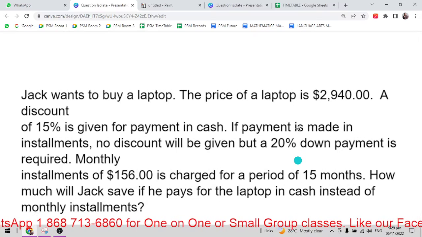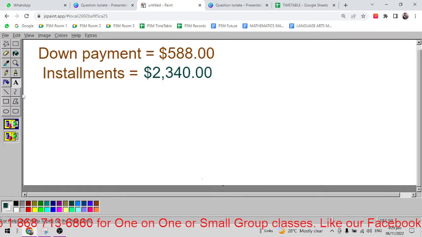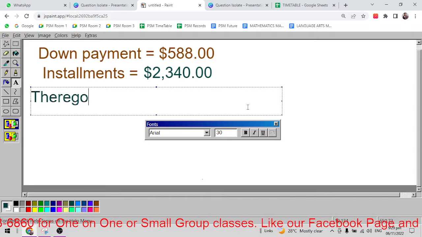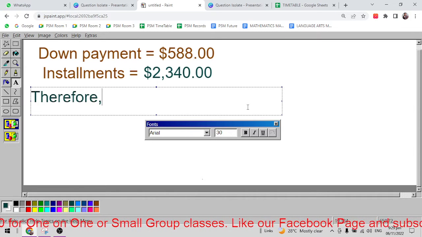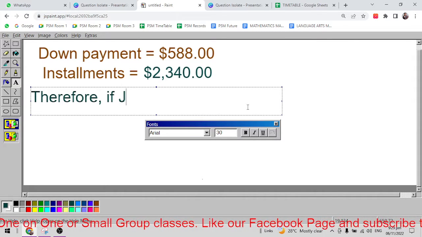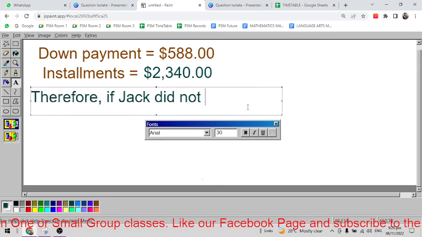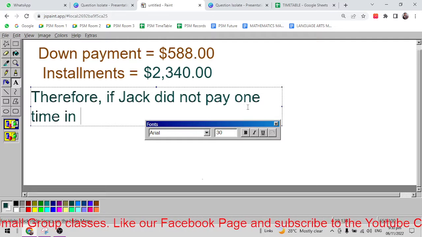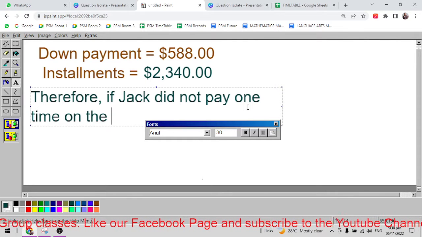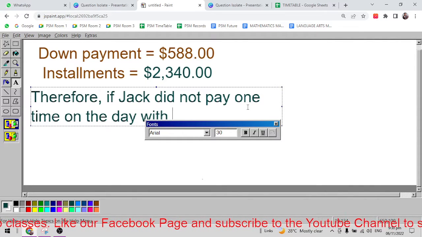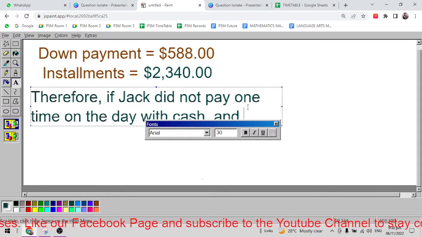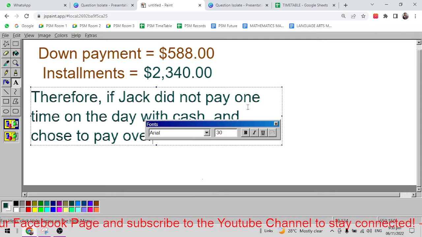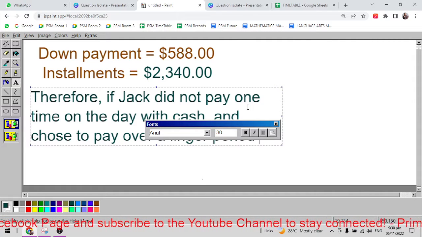So therefore, if Jack did not pay one time on the day with cash and chose to pay for a longer period of time.